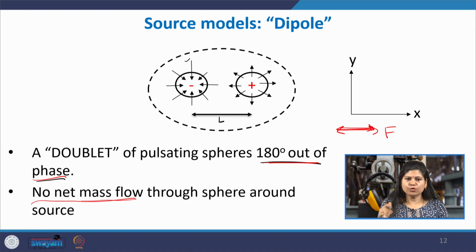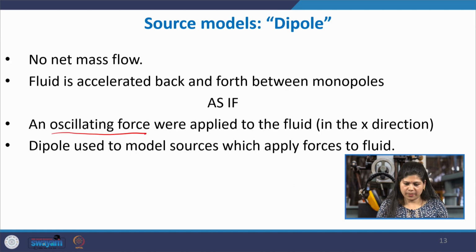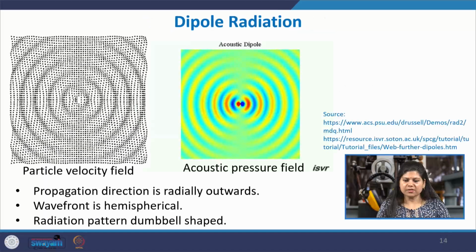It is equivalent to a thin panel or a hand that is fluctuating rapidly: it is not adding any mass to the atmosphere and removing it, the mass is the same, it is creating a force that is pushing the particles away or oscillating them. So, various kinds of sources that apply forces to the fluid in a fluctuating manner behave as a dipole.